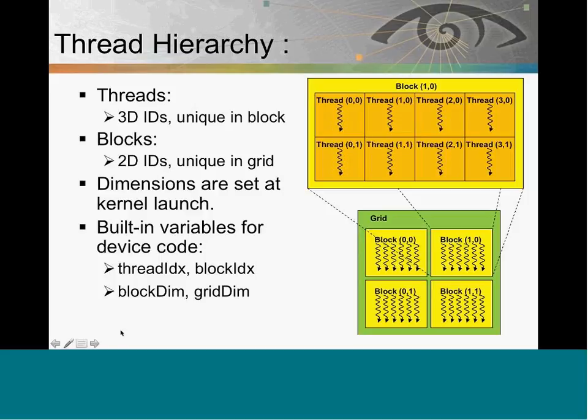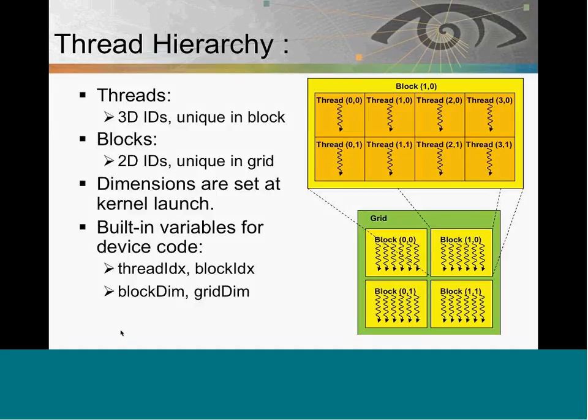How does the thread hierarchy look? It is a 3D ID, unique, and the grid is 2D and unique. You set these dimensions when you launch the kernel, and it determines the number of threads: number of blocks multiplied by number of threads per block.